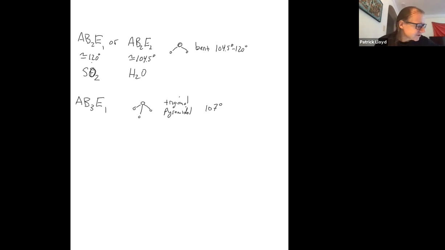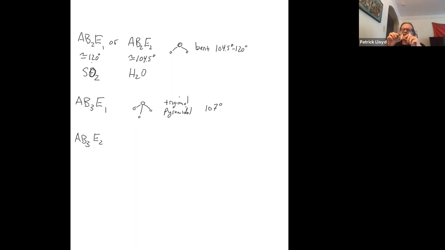This one has 5 surrounding atoms. Oh, here's one. So this is an interesting one. AB3, and then 2 lone pairs. So not 1 lone pair like trigonal pyramidal, but 2 lone pairs, E2, right? The 2 means there's 2 lone pairs.